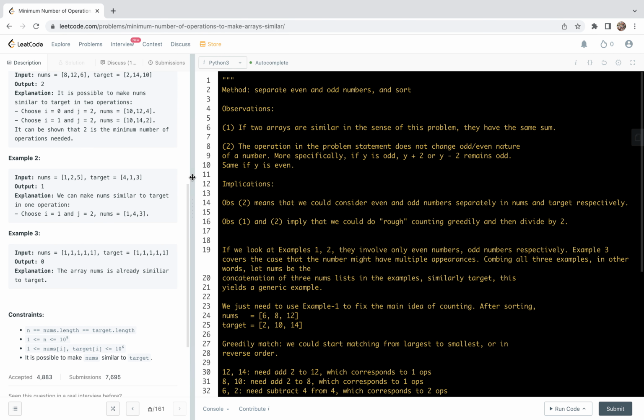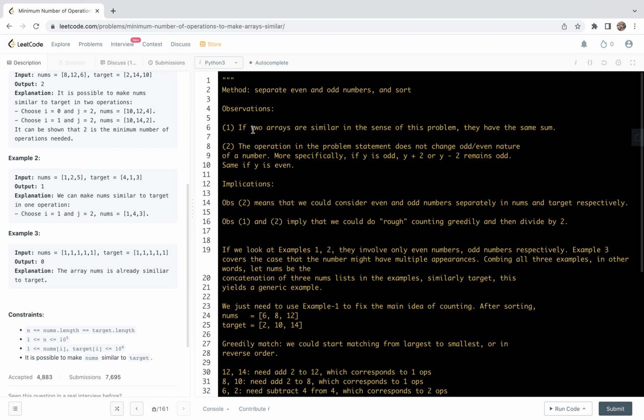So with that said, we are ready to do the analysis. Actually, the analysis is very routine in some sense. Our treatment is the following: we're going to separate even and odd numbers, sort, and do greedy matching. There are two observations that are important for this problem.